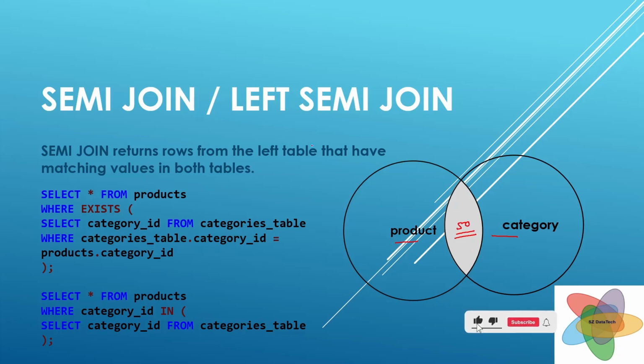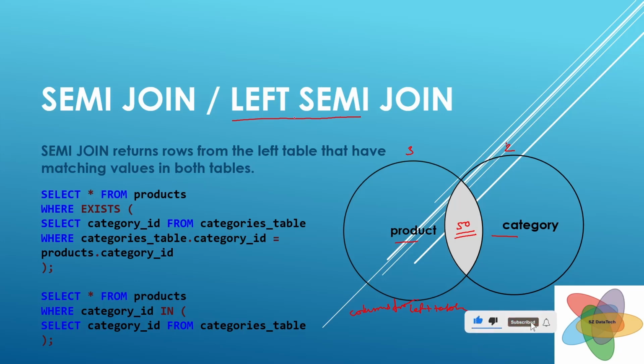Now, since we are saying this is a left semi join, we will get 50 rows, but all the columns only from the left table. So we will get 50 rows, but how many columns? If we have 3 columns in the product table and 2 columns in the category table, then in case of inner join we will get 50 rows and 3 plus 2, 5 columns.